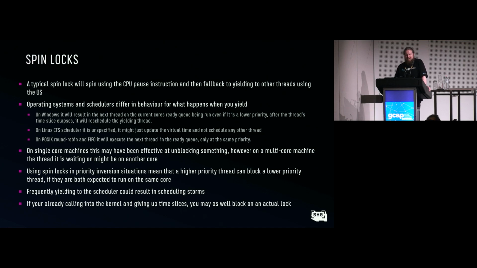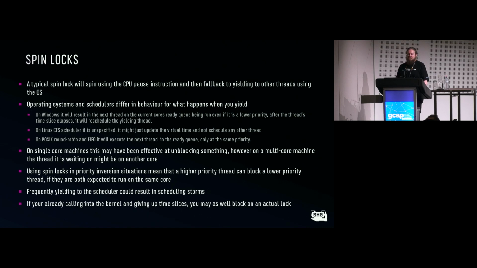So spin locks, which I mentioned, I'll get back to. Spin locks are similar to mutexes, except during contention, a mutex will typically put a thread into a blocking wait, whereas a spin lock will loop constantly, checking if a lock has been released.